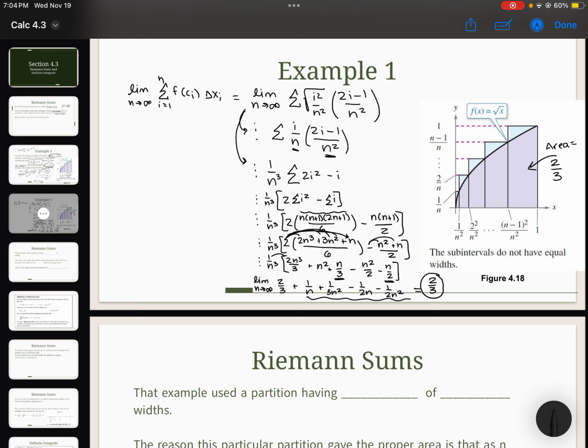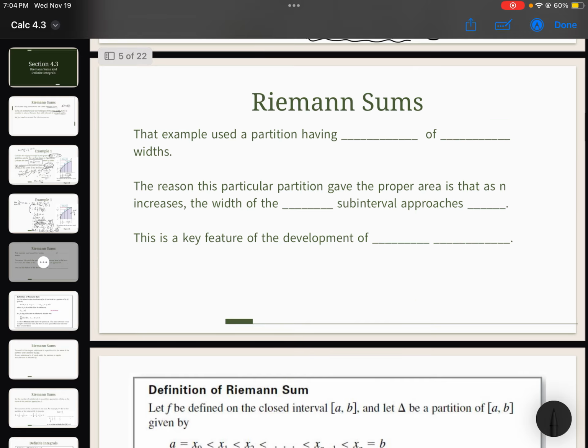Okay, so again, I want you guys to be aware of this. This is not going to play a huge role in tons of problems you're doing, but it plays a role as we now connect Riemann sums to definite integrals. So that example used partitions having subintervals of unequal widths, right? We had to do that whole calculation to figure out a variable width where we were actually plugging in i.